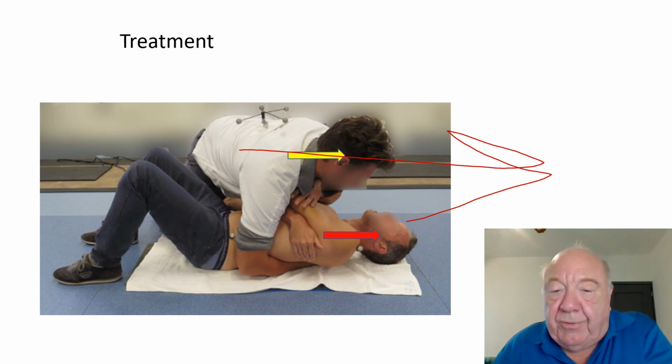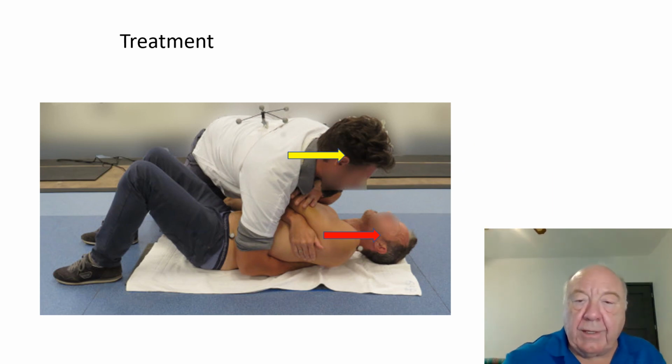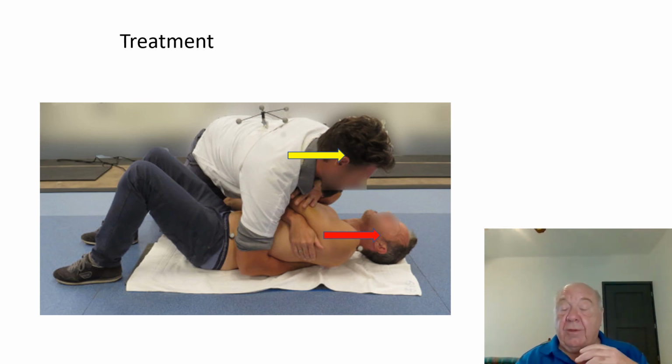He's lunging up the bed, producing this distraction force there. It's an effective technique, and it can also be used as a prelim to doing a transverse shear technique, which you might learn, and that's a direct thrust out of the subluxation under that form of traction.